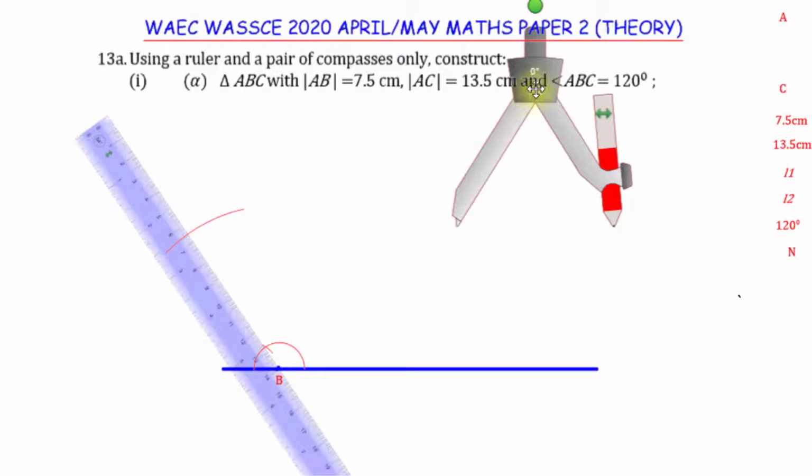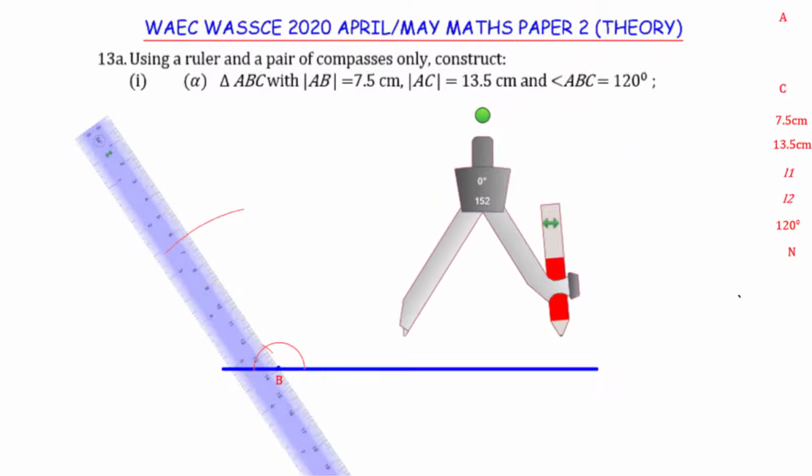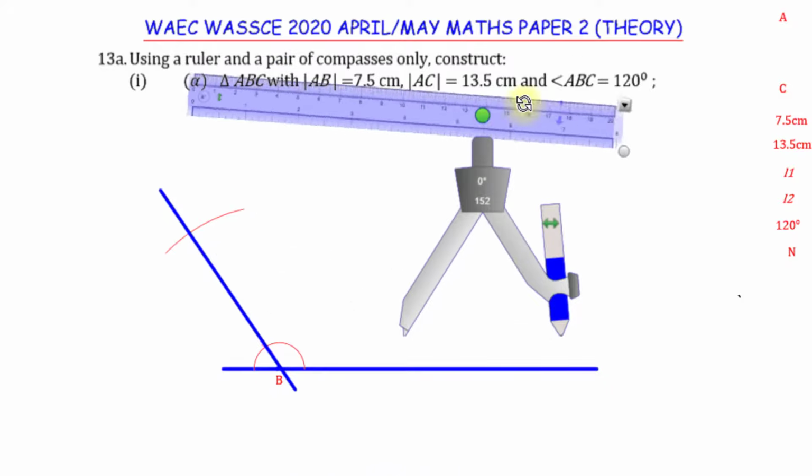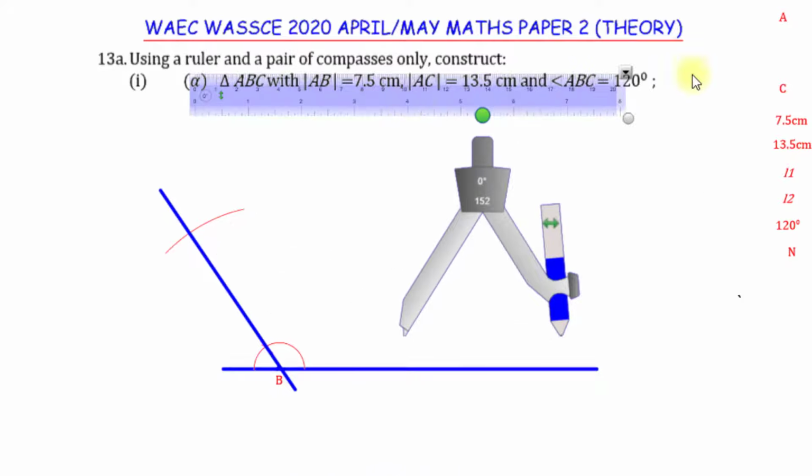Then we can mark this off on our construction sheet, and that is how we will be able to get our point A as requested.